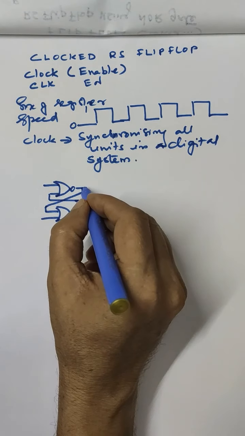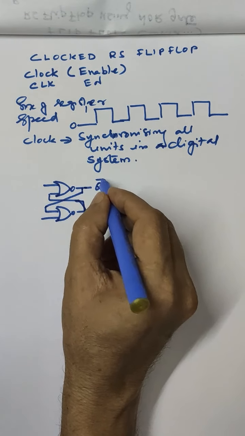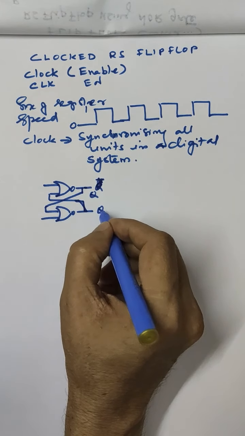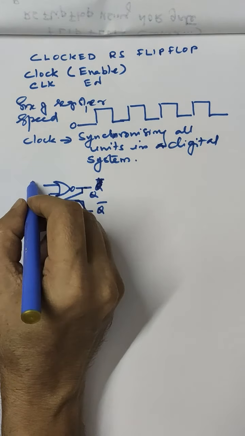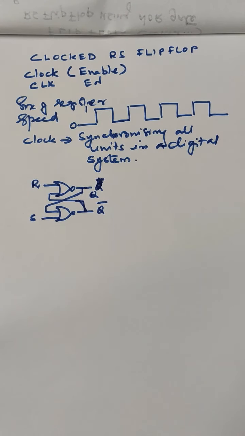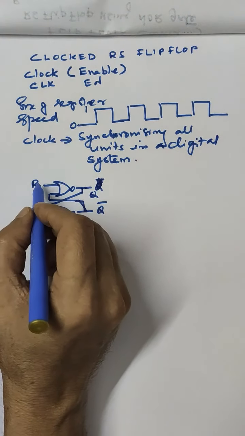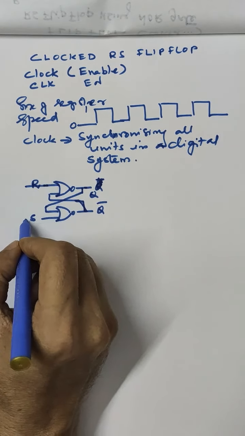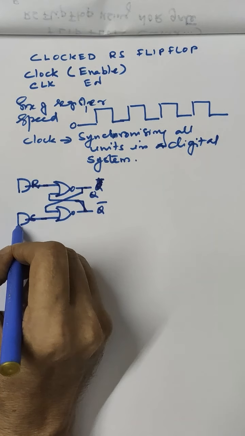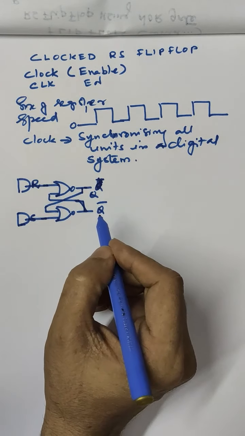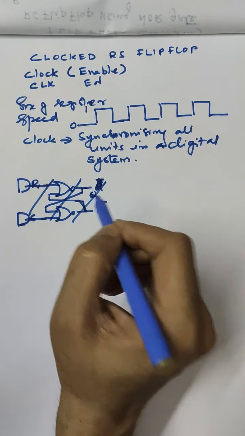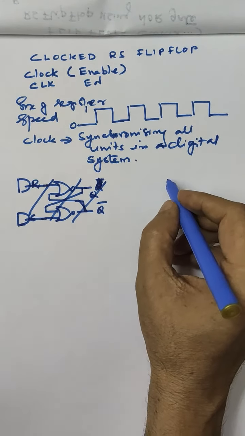Okay, so this is a flip-flop, so this is Q and this is Q bar and this is R and this is S. Now what we can do is we can connect two AND gates. Okay, I will draw the diagram here.